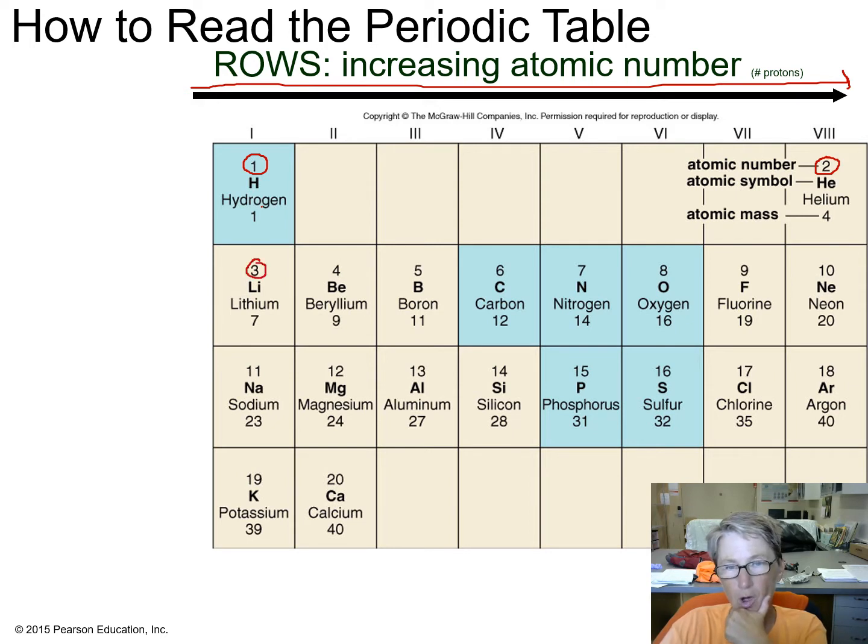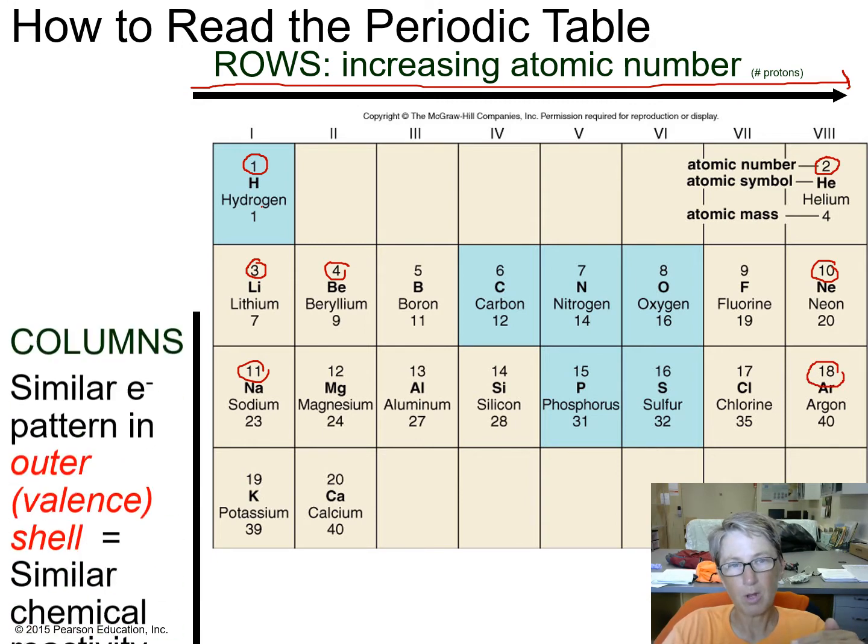As you go across the row, you go from 3, 4, 5, 6, 7 on up to 10 in neon. Same thing with sodium at 11, you go up to 18 protons in argon, etc. So those are some tricks to reading the periodic table.